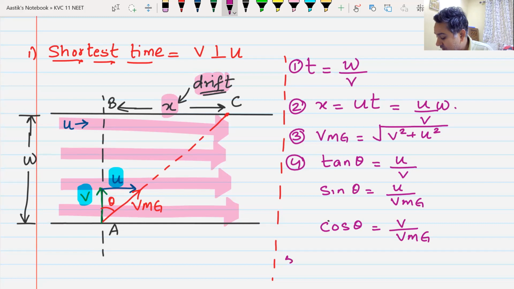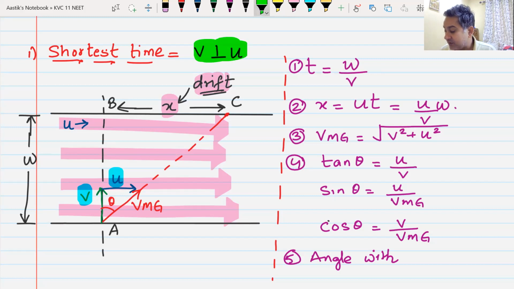The last thing that you must remember is the angle with the river flow. How much angle does his final velocity make with the river flow? Remember, his velocity with respect to river, as you can see, is perpendicular. What we are writing is the angle his net velocity makes with the river flow.